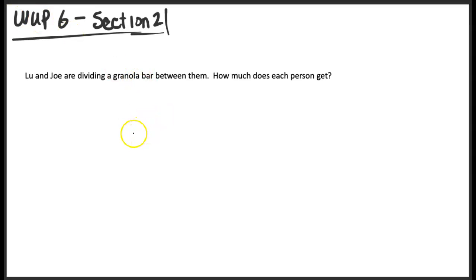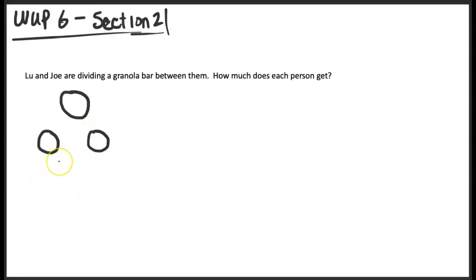Well, let's think about it. We have one whole granola bar. Why am I not writing here? Let's try this again. We have one whole granola bar. There we go. Right? And we want to divide that granola bar into a part for Lou and a part for Joe. Right?